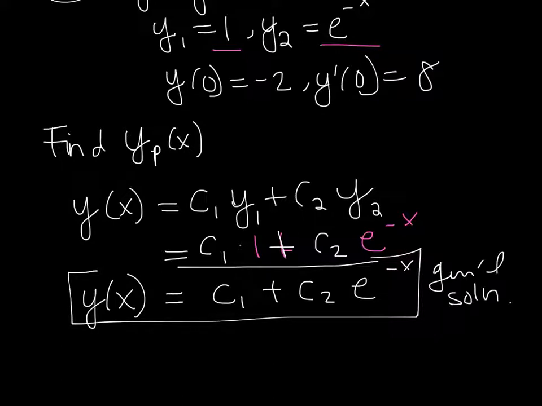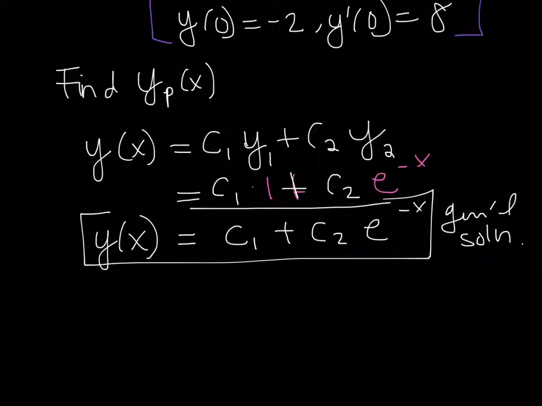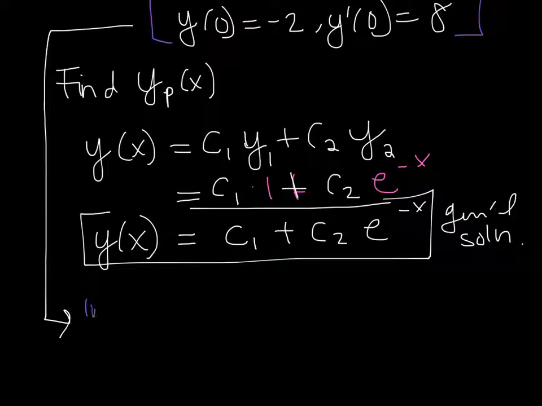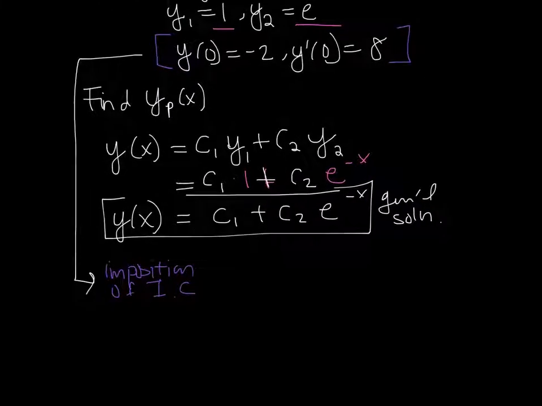So now we're ready to find our particular solution using the initial conditions. So, imposition of initial conditions. The reason we're doing this is because we want to find our C1 and our C2.